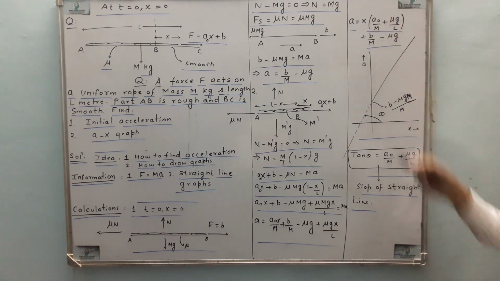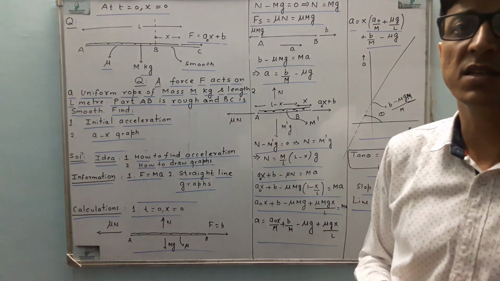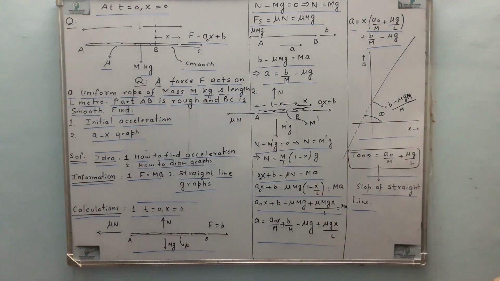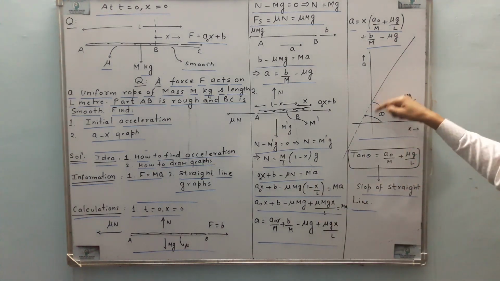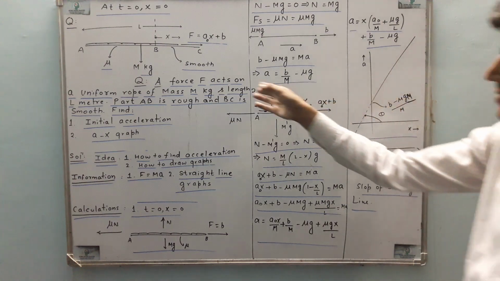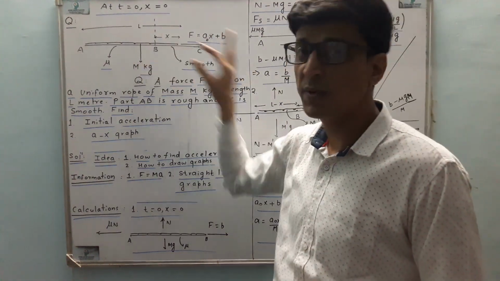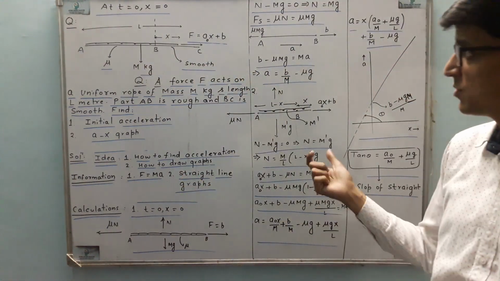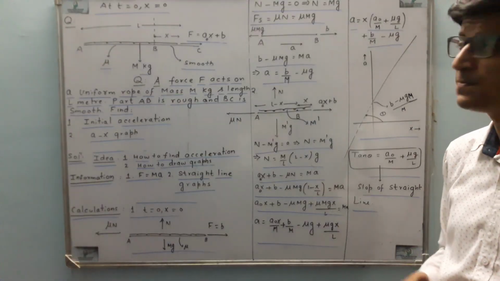Slope will be positive because we have assumed that all the parameters taken here are positive. I have drawn this as dotted because when motion will start, x will not be negative, it will start from 0. In this way you can solve your question quickly.